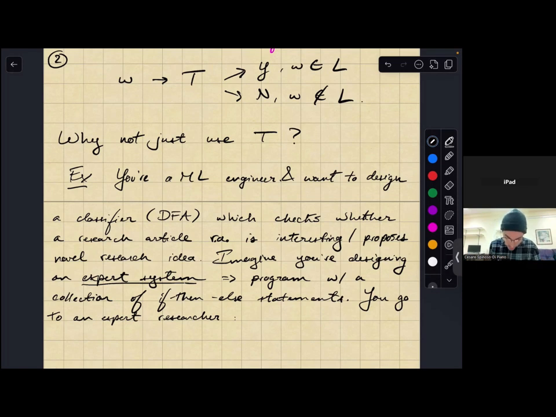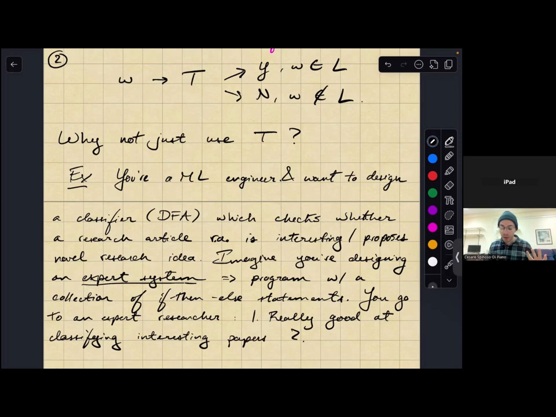So this expert researcher is, one, really good at classifying interesting papers, and two, has some intuition on what makes a paper interesting.